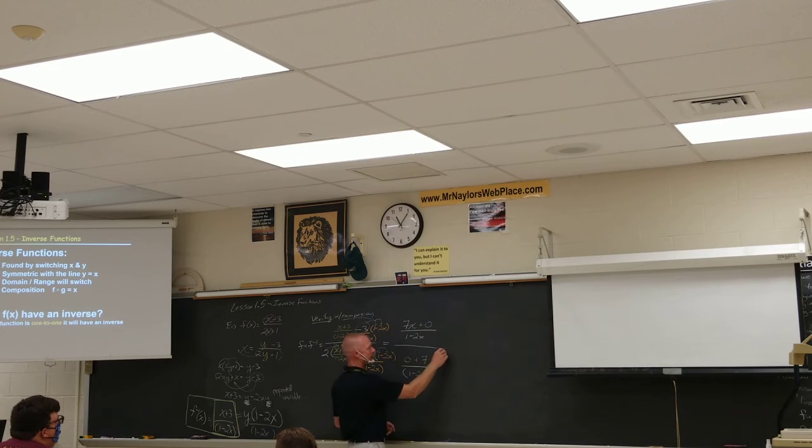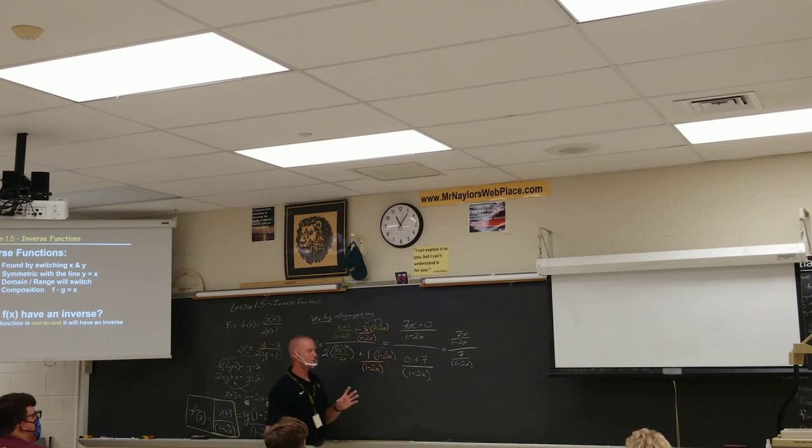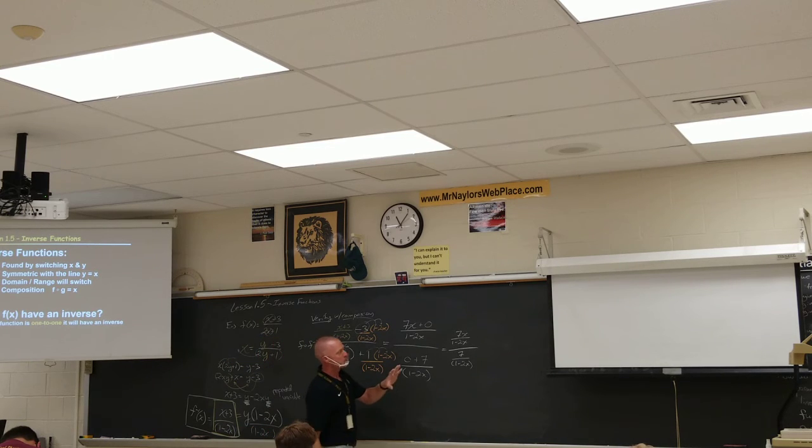Now what we're really looking at here is 7x over 1 minus 2x divided by 7 over 1 minus 2x. I didn't really do much there except get rid of some of the extra space and make it look a little cleaner. It's another good opportunity to talk about how you take a fraction divided by a fraction.